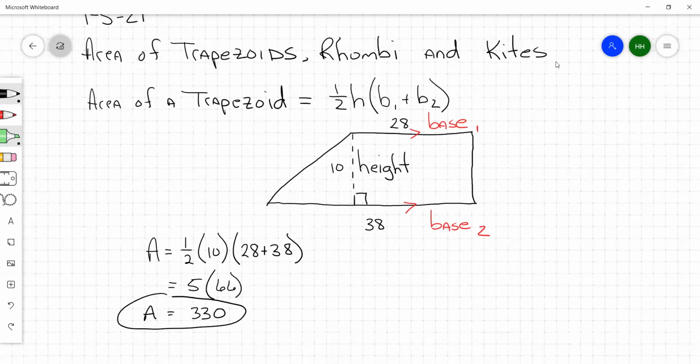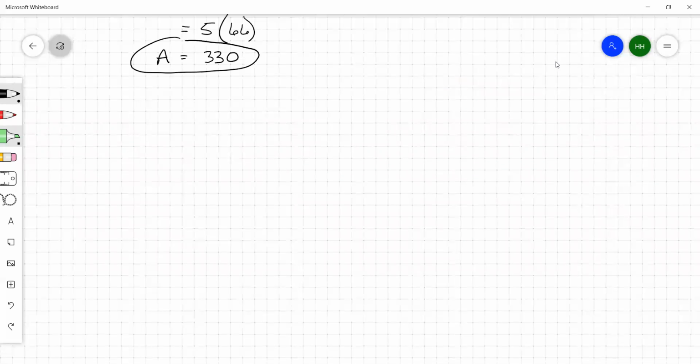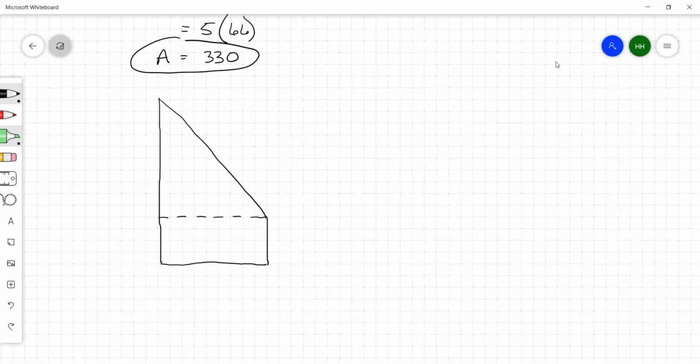Now let's do one where they make you do a little more work. So let's see here. All right, so we got this whole side here is 10.